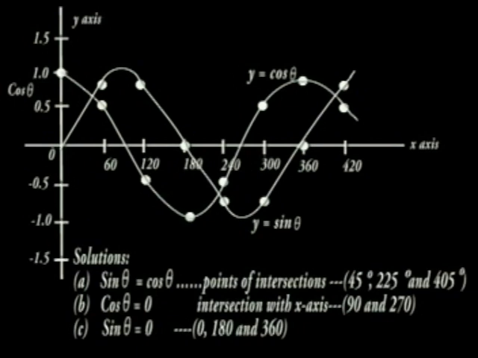Cos theta is equal to 0 at all the points where the graph of y is equal to cos theta cuts the x-axis, and that is 90 and 270 degrees. For sin theta equals 0, it is the point at which the graph of y is equal to sin theta cuts the x-axis, and these values are 0 degrees, 180 degrees, and 360 degrees.